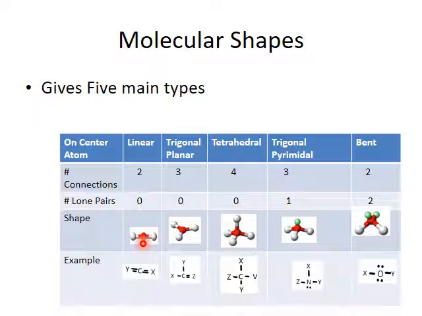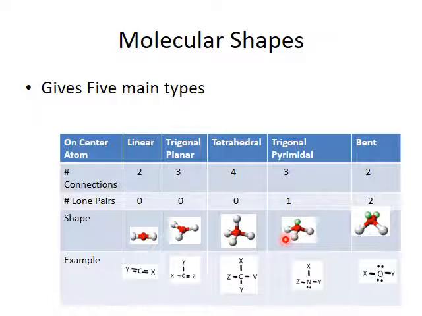They have a center atom, and then they have atoms attached to that center atom. The first shape is a center atom with 2 atoms attached. Now the second one is a center atom with 3 atoms attached, and this one has a center atom with 4.